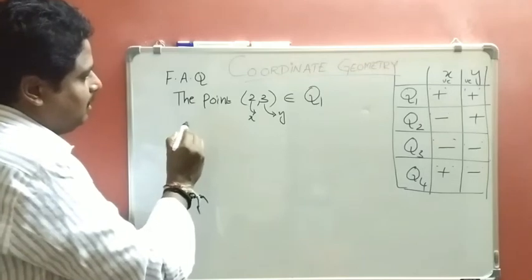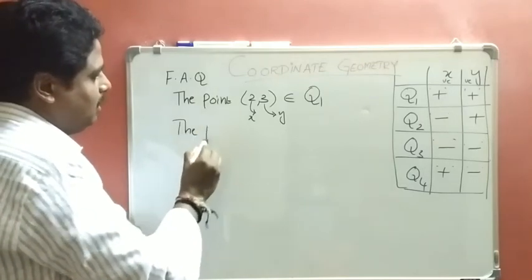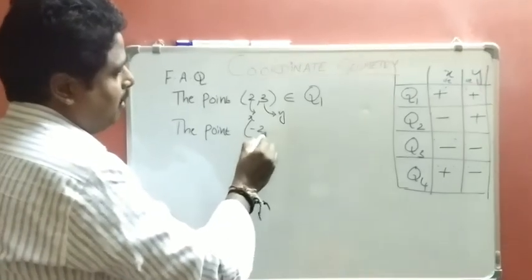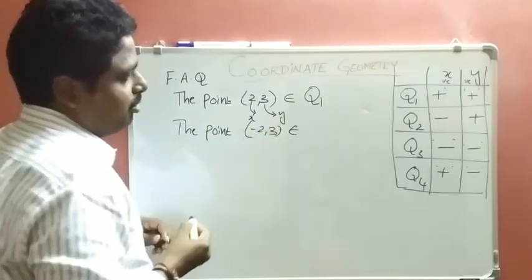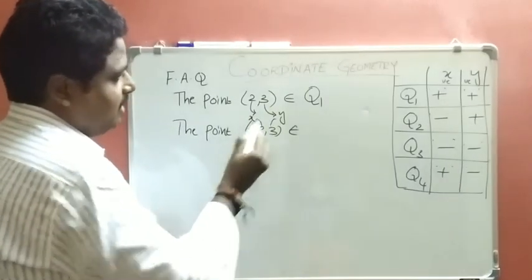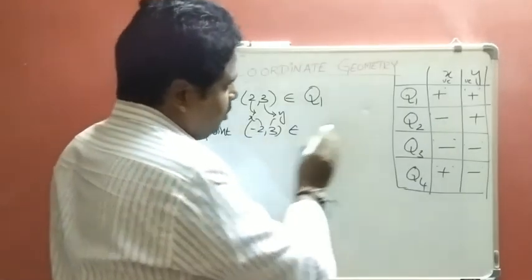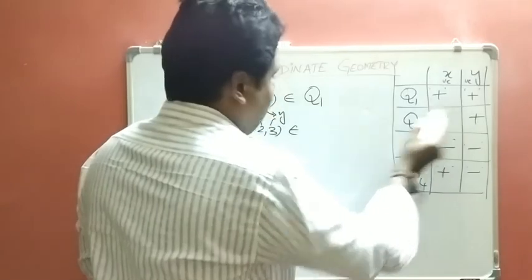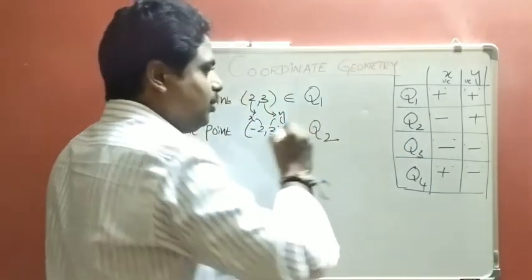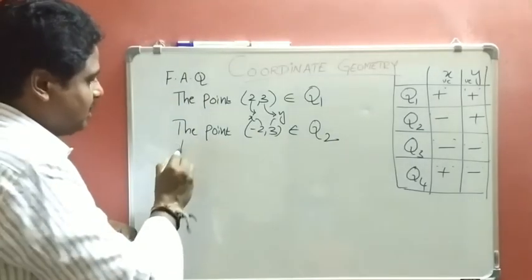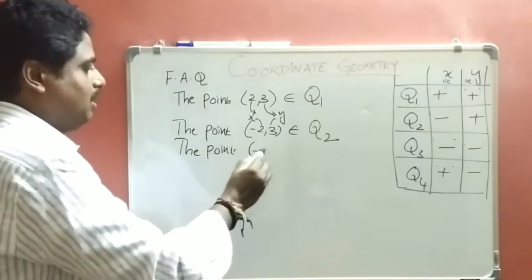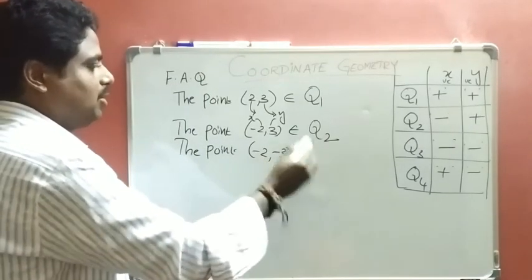Next, the point (-2, 3) belongs to which quadrant?